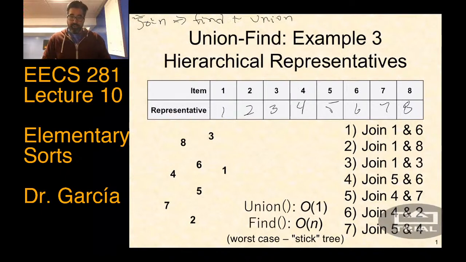All right, so first step is we do join of 1 and 6, which means that we do a find on 1, which gives me 1, its own representative, and do a find on 6, also its own representative. We determine that they are in different sets because they have different representatives, and now I want a union. By convention in these examples, we pick the representative of the first argument passed to the join, which in this case is 1.